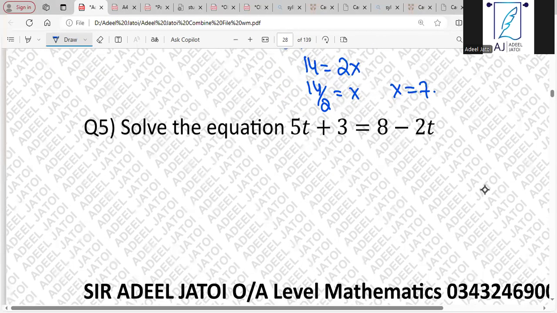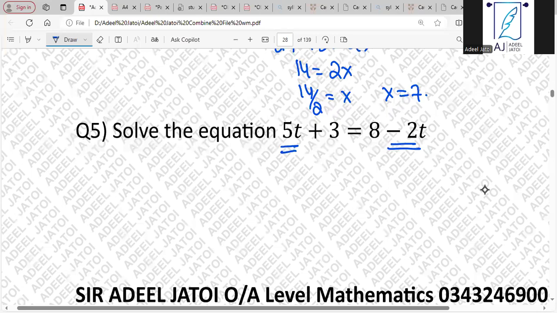Question number 5. What do we have? This is 5t, and this is minus 2t. Now see, if the variables are on both sides, then minus 2t is on the right, and obviously 5t minus 2t will come on the left hand side. This will become plus 2t. And 8 plus 3 will be on the other side, so this should be 8 minus 3.